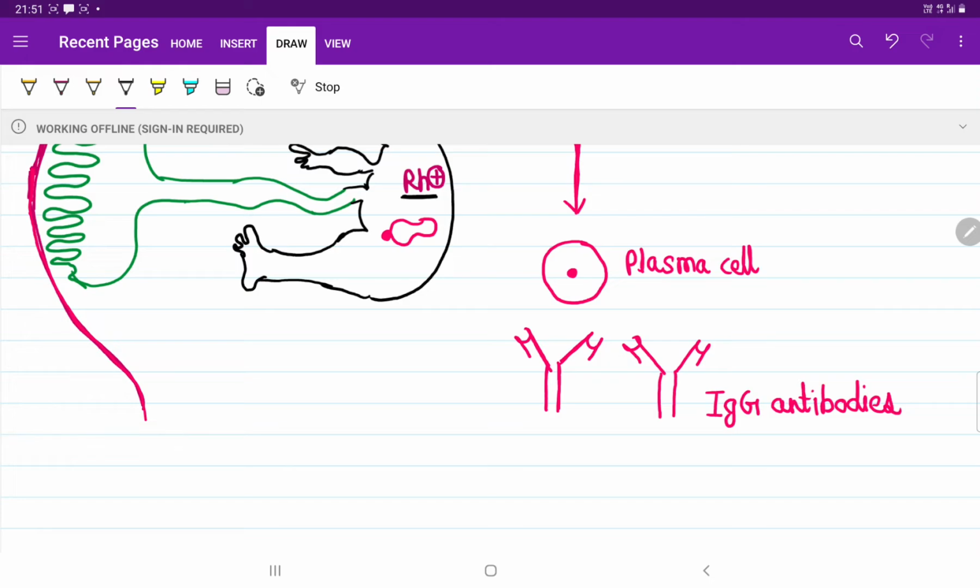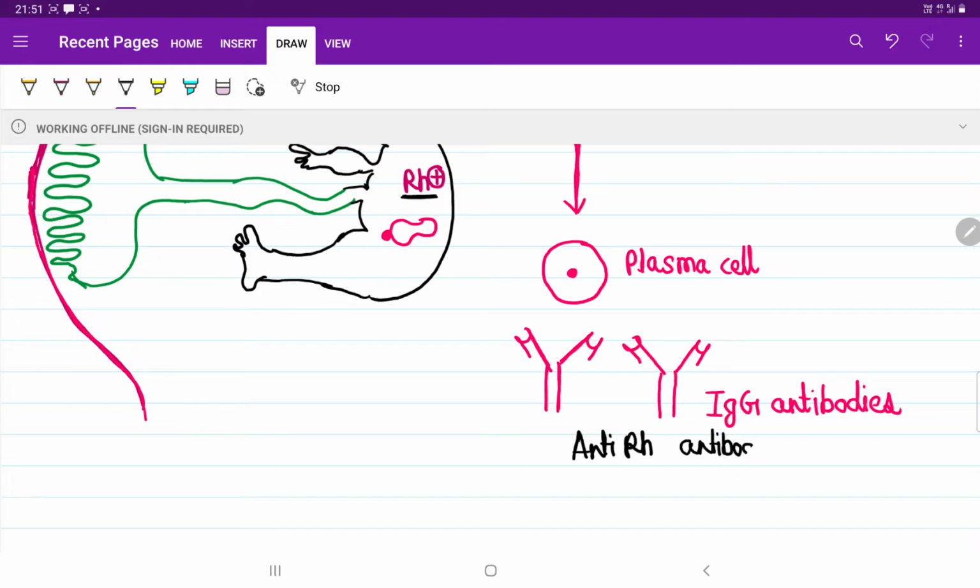This plasma cell produces a lot of anti-Rh antibodies in the mother's blood, right? Which antibody will the plasma cell produce?